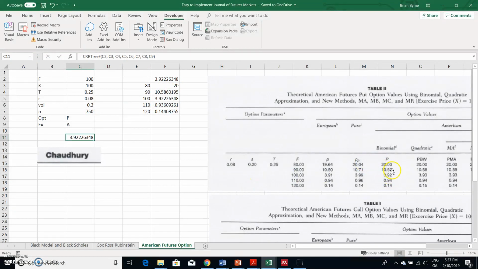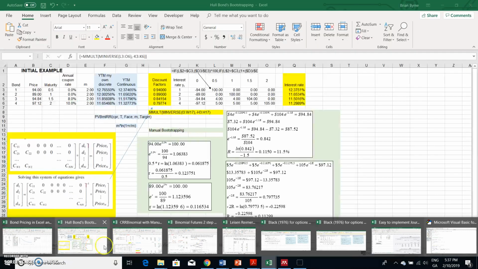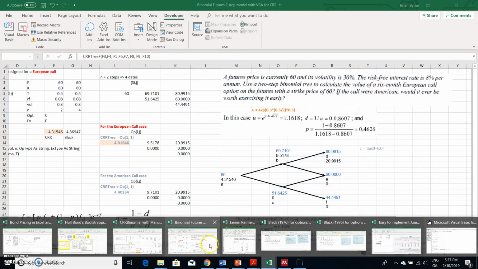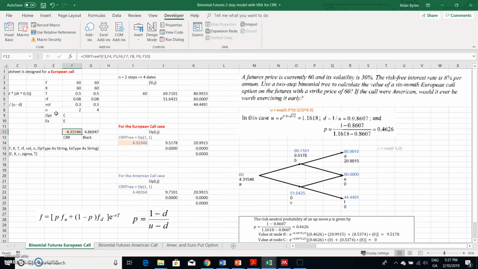I'm replicating the results in this Journal of Futures Markets paper 1995 by Chaudhry, and also in estimating when I come back in and I look at this example here in a two-step binomial model, but for European options where E denotes European, right? The value I get for the two-step tree is the same as the value I got from manually working out the European case.